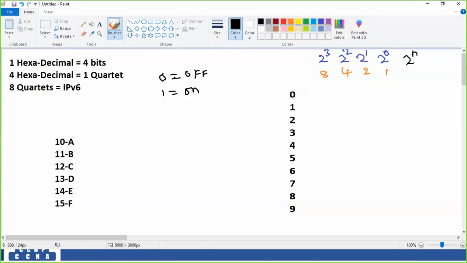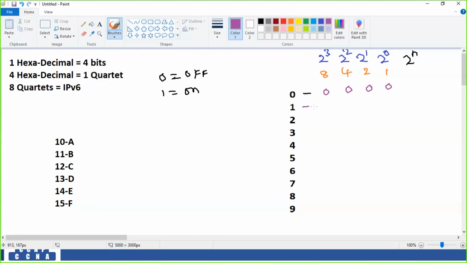Then how can we write 0 in binary? For the 4-bit value, 8 is off, 4 is off, 2 is off, 1 is off: 0000.